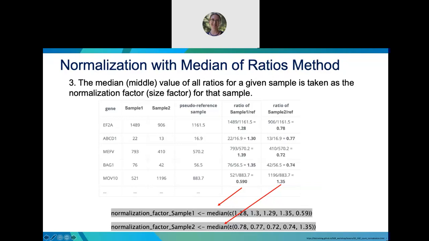So the reason that we're calculating the normalization factor is because this is the value that is actually going to be used to do the normalization. It's going to be used to adjust the data.